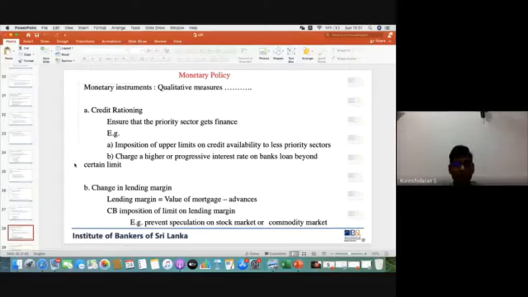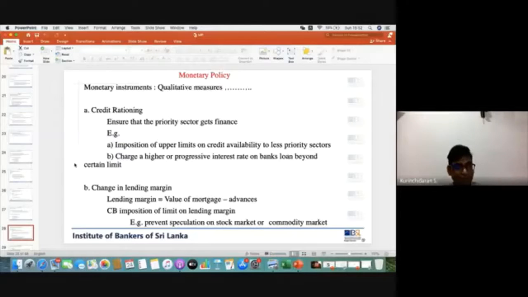But ultimately, we don't know whether banks are lending those credits to the necessary sectors, or some sectors are isolated or neglected, or some sectors which need credit are excluded, right? So then the central bank can take qualitative measures to direct credit to particular sectors.